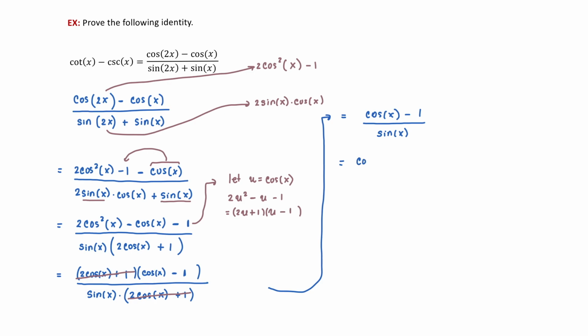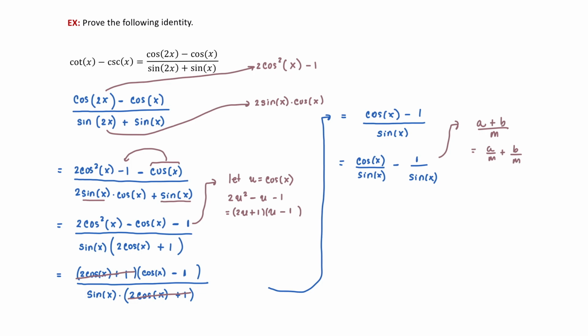For example, I can have cosine x over sine x and minus 1 over sine x. This is like saying, if I have a fraction, let's say a plus b all over m, I can separate the fraction into two separate terms over the same denominator m. So a over m plus b over m. That's what is happening there.